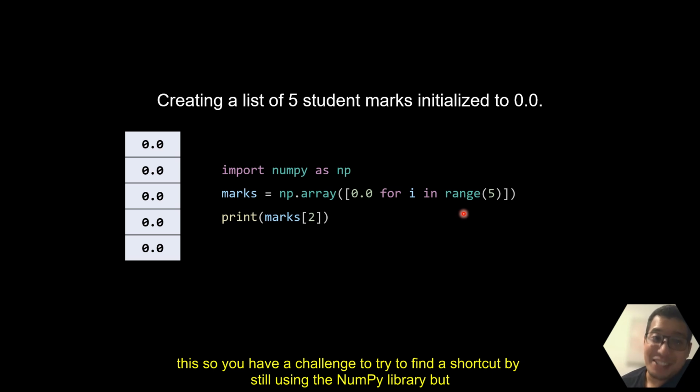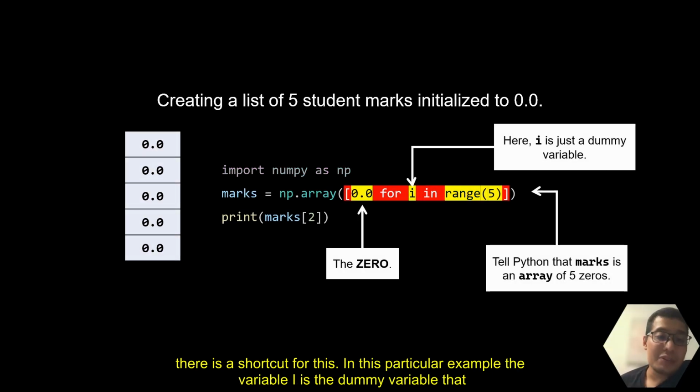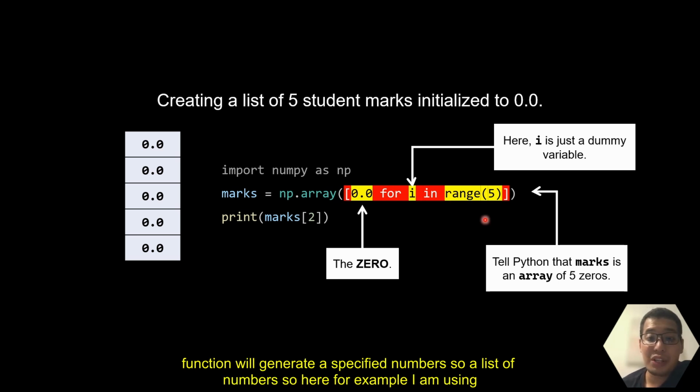You have a challenge to try to find a shortcut by still using the NumPy library. In this particular example, the variable i is the dummy variable that iterates through a range of 5 values. Remember that we've learned before, the range function will generate a specified number of values, so a list of numbers.